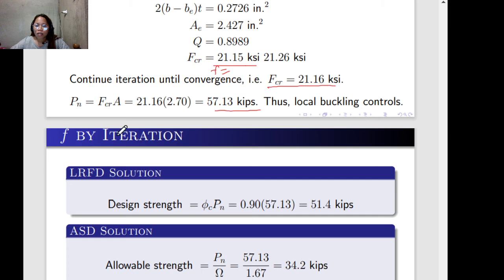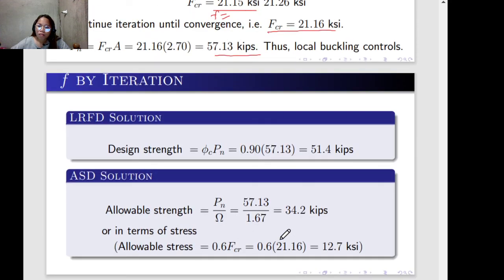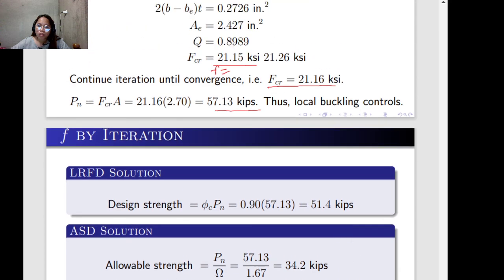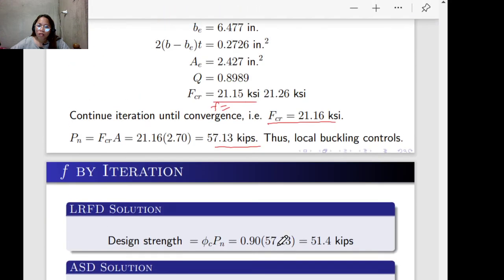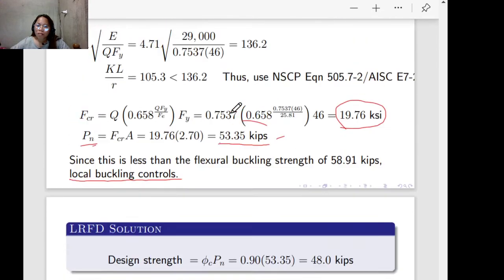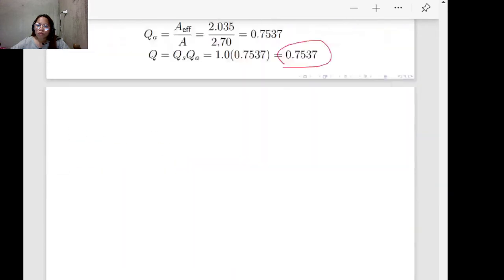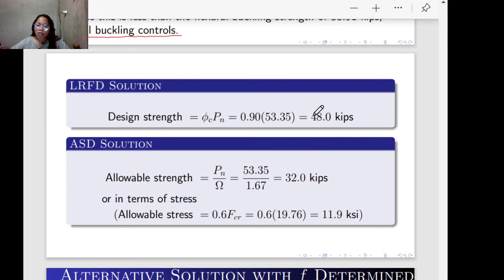Using the iteration for f, compare with the previous computation. The previous design strength is 48 kilopounds for LRFD and 32 kilopounds for ASD.